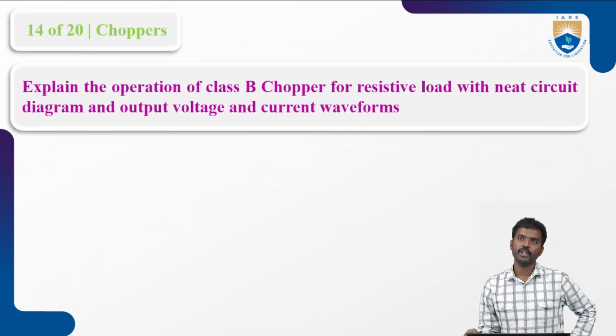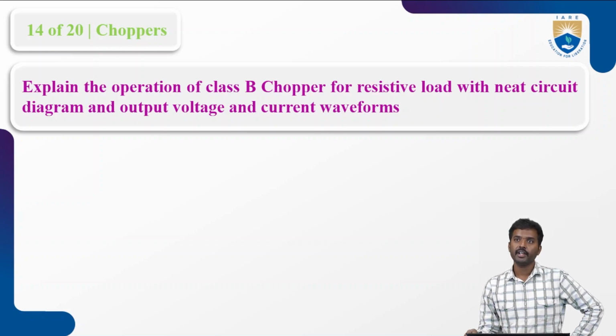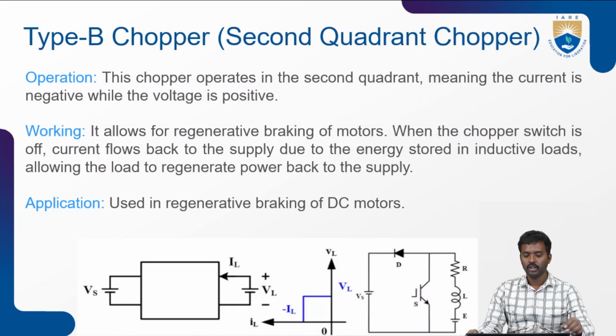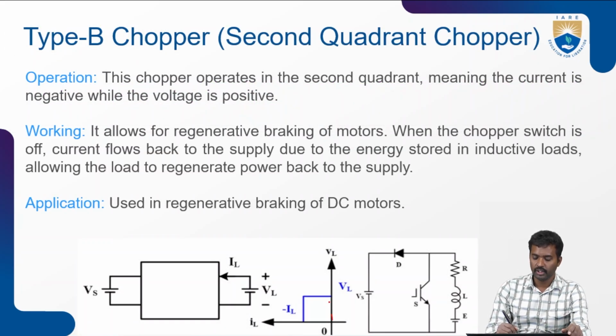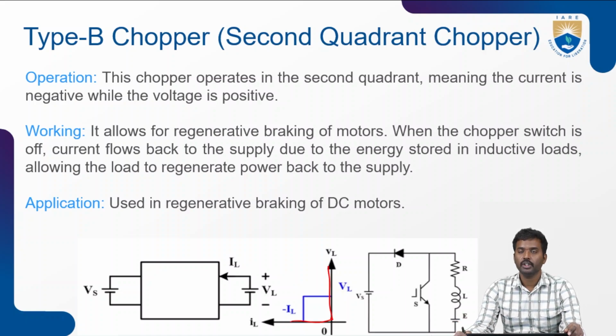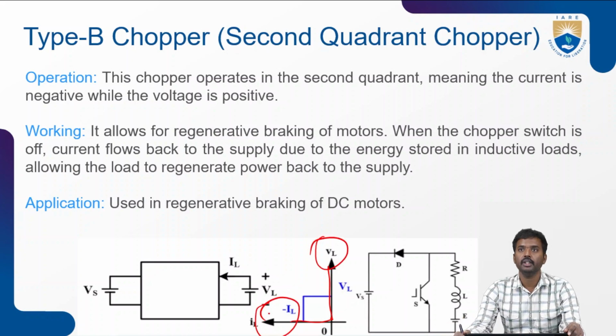Explain the operation of class B or type B chopper for resistive load with circuit diagram and output voltage and output waveforms. So now here this is the voltage current diagram. It is operated in the second quadrant, that means output voltage is positive and current is negative.